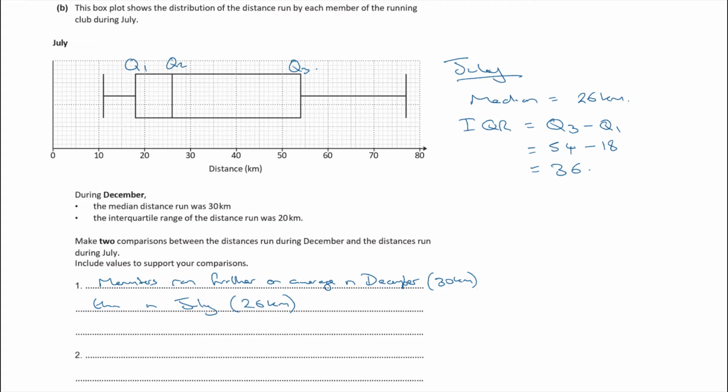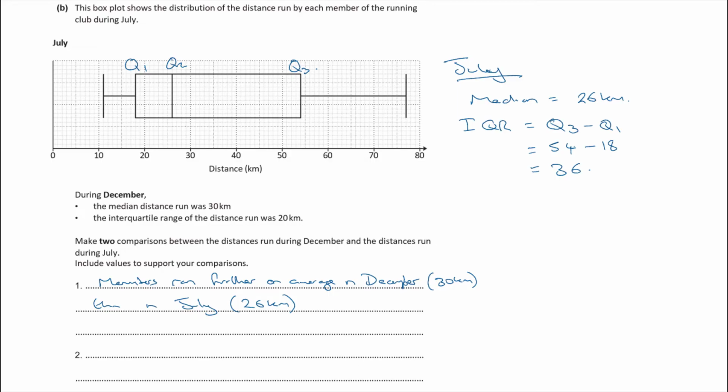The other thing we can talk about is the variation of the group. So we can see in July that the interquartile range was 36, whereas in December it was 20. So there's a lot more variation going on in July than there was in December.